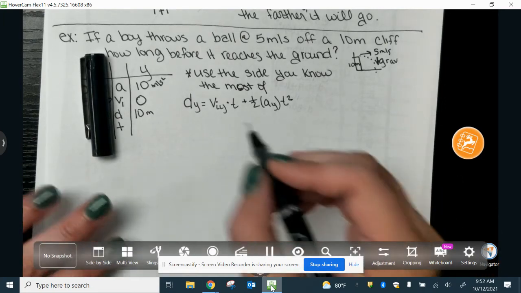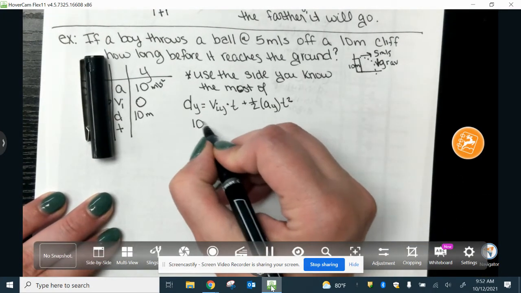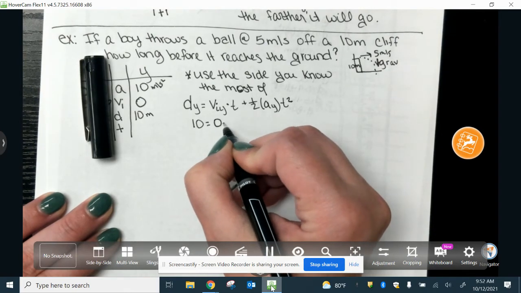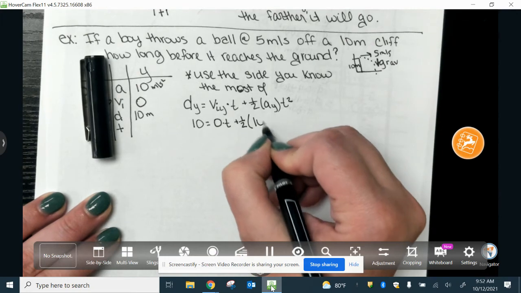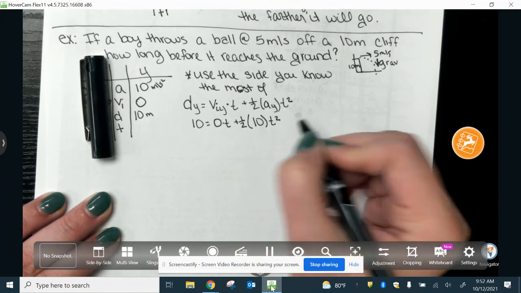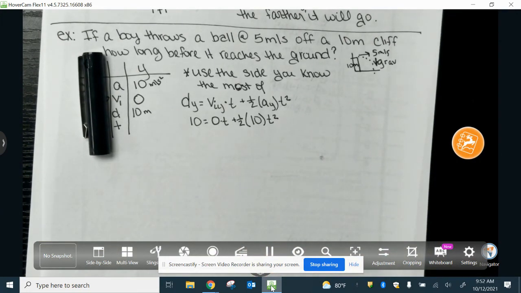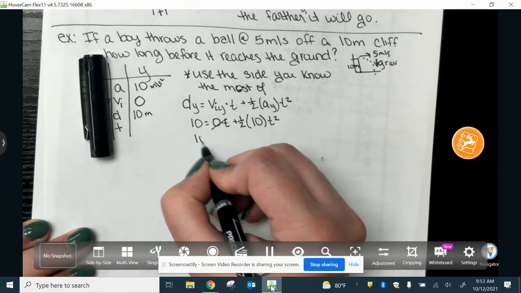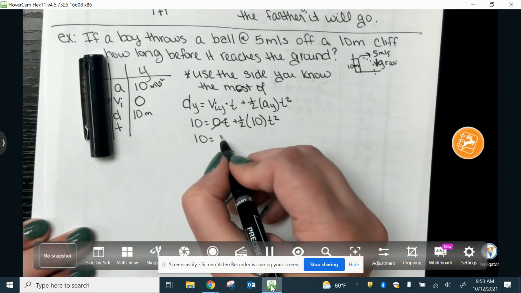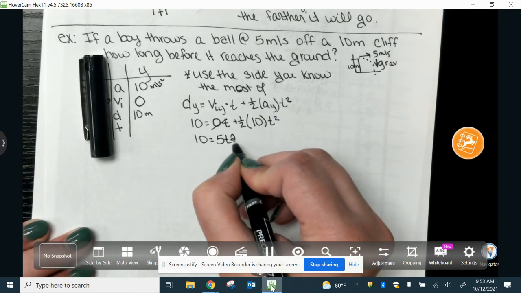So then I'm going to fill in what I got. 10 meters equals 0 times time plus 1/2 times 10 t squared. Zero times time is always 0. So 10 equals 1/2 of 10, which is 5, t squared.